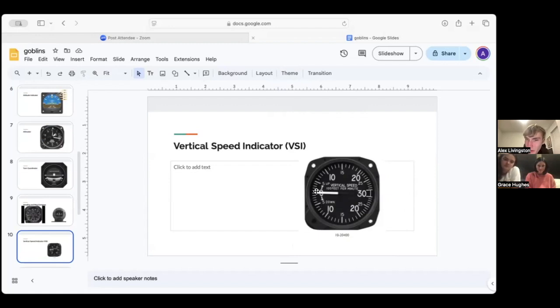If this needle moves up to the 10, I'm gaining 1,000 feet per minute. If it moved down to the 10, I'm losing 1,000 feet per minute. So these are in the thousands. Yes. That's good.